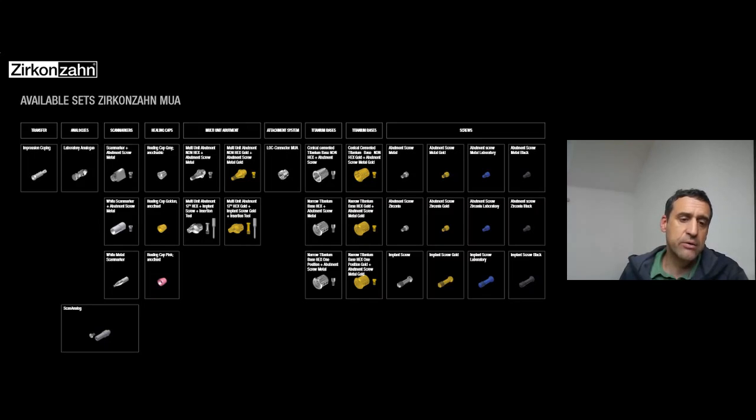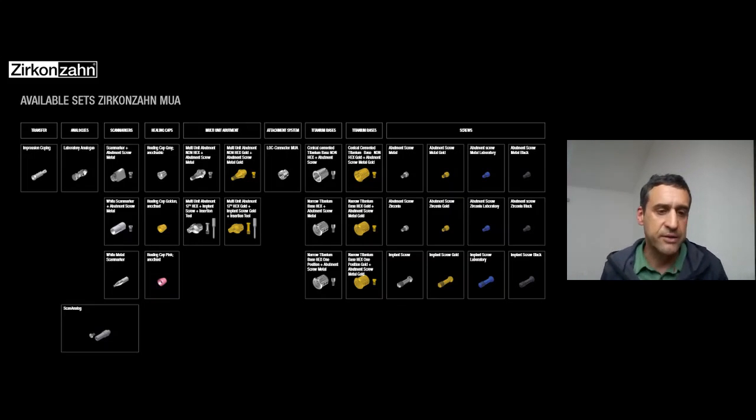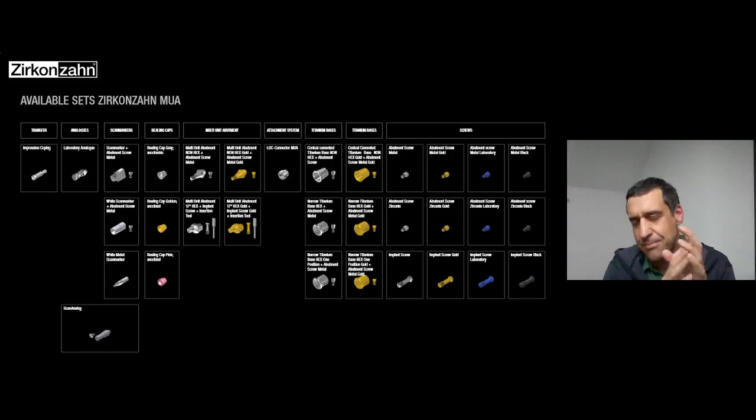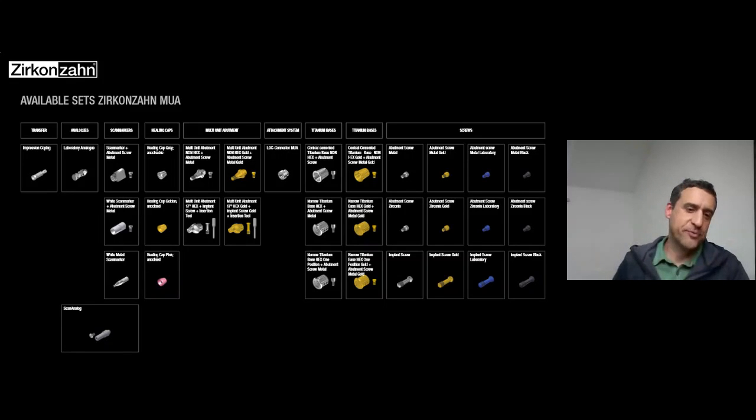The scan analog, you can use it directly on the impression and scan it to have the position of the implant, or you can use the scan analog directly in the model, as an analog in a model that you mill or print. Okay, that's basically for the digital workflow.